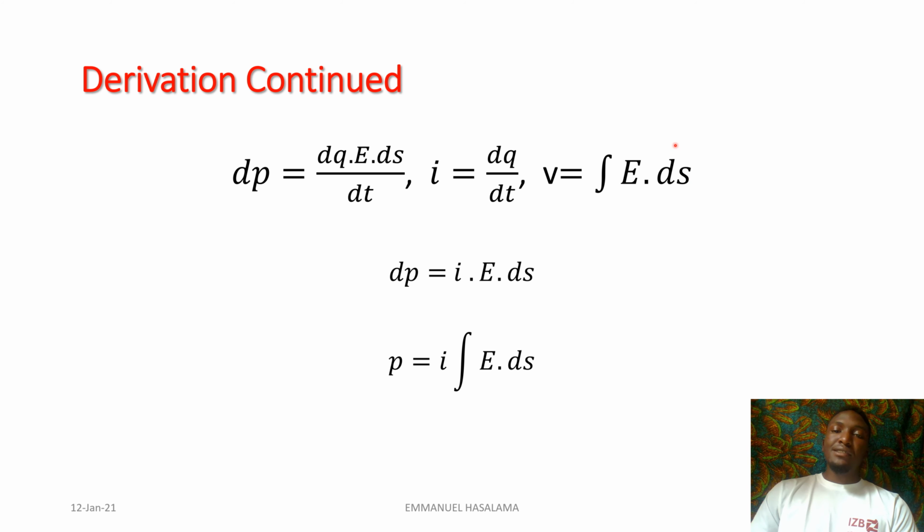So when we replace this expression with V, because V is equal to the integral of the electric field strength times ds, we have power is equal to VI. So that's how you go about deriving instantaneous power.